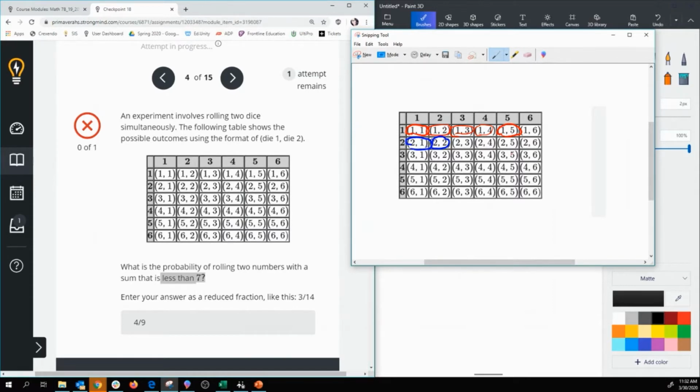Is 7 less than 7? No, right? So what would be the last ordered pair that we could include here? The 2 comma 4, perfect. Because 2 comma 4, when I add those two together, that gives me 6, right? So that's the last one I can include. 2 comma 5 gives me 7, so that's why I don't want to include that one.